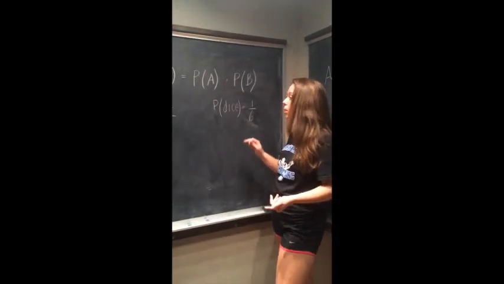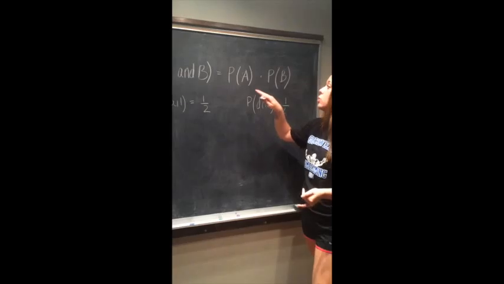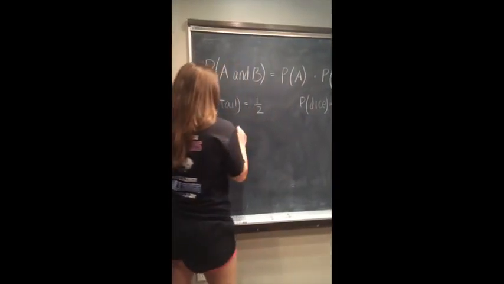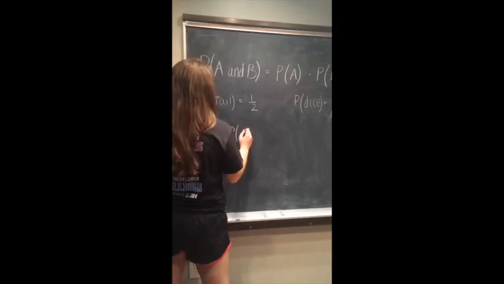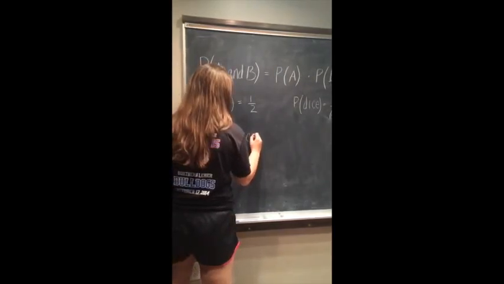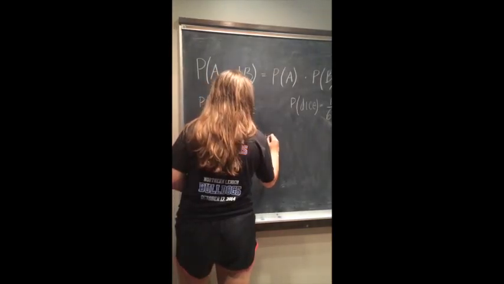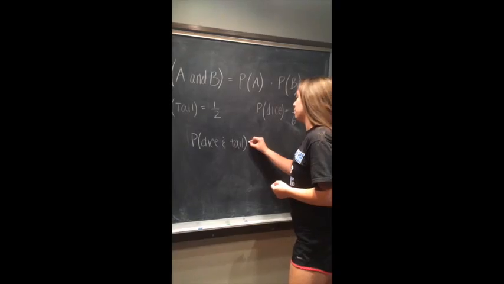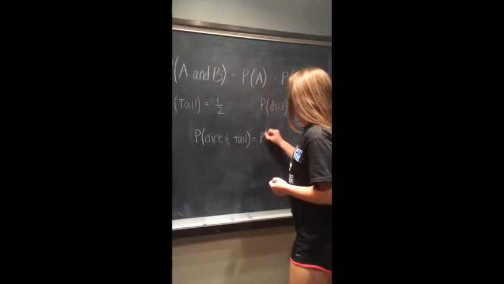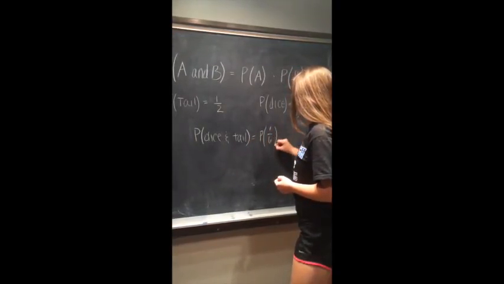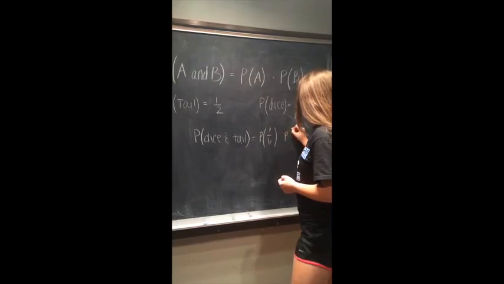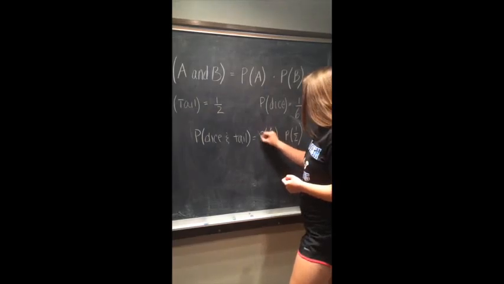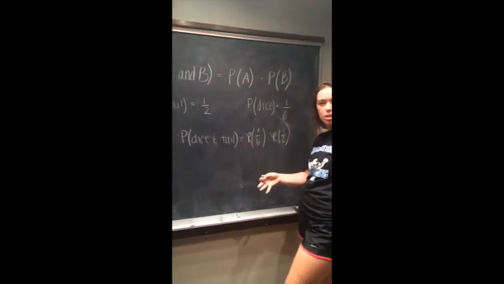From here, I want to plug these two individual events into the formula. I'm going to take my probability of the dice and tail, so I'm going to do P of 1 over 6 times the probability of 1 over 2. The P's don't really exist, they just label it.